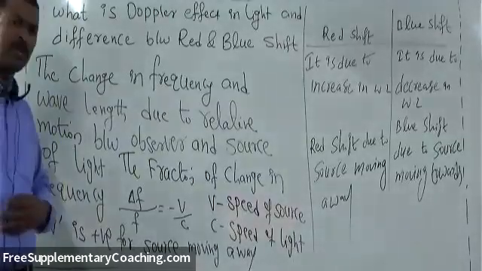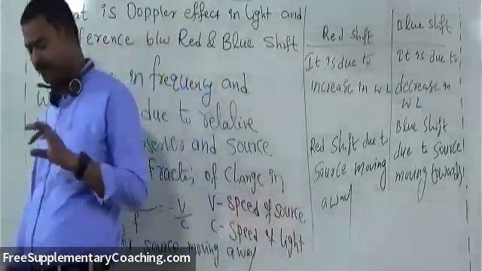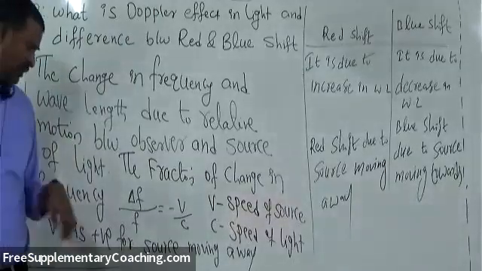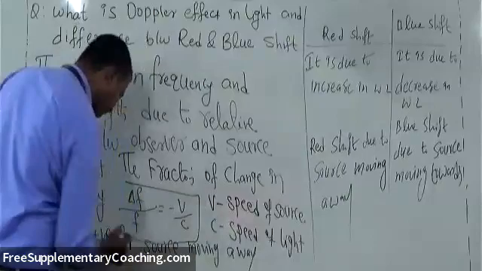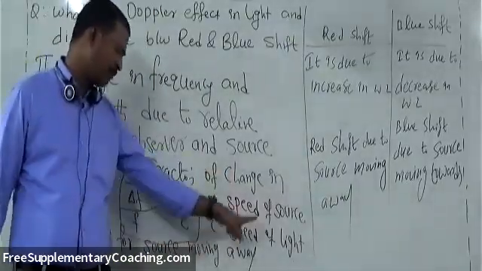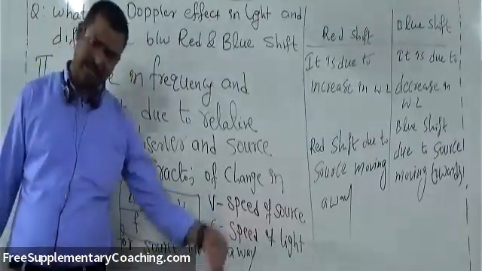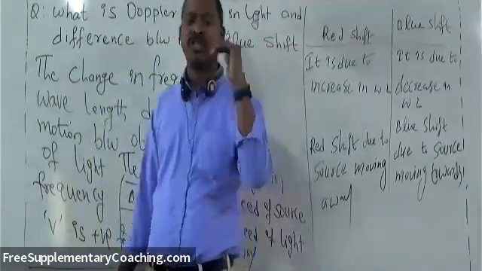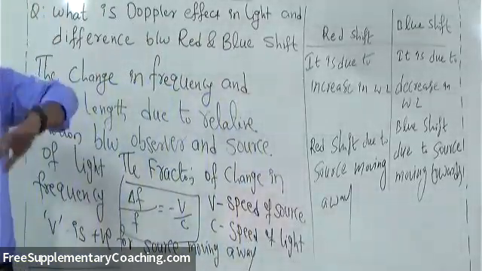The simple Doppler effect is a change in frequency and wavelength due to relative motion between observer and source of light. Then the fractional change in frequency, delta f by f, equals minus v by c, where v is the speed of source and c is the speed of light. And v is positive for source moving away, negative for moving towards. Because the source is moving away or towards, either wavelength increases or decreases.